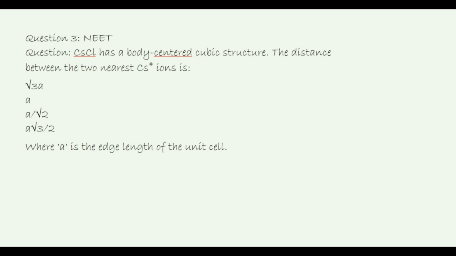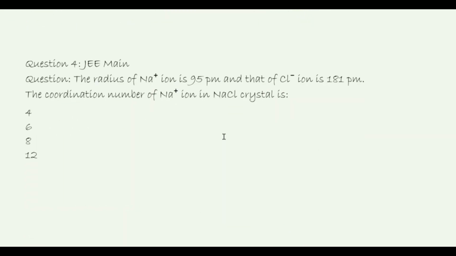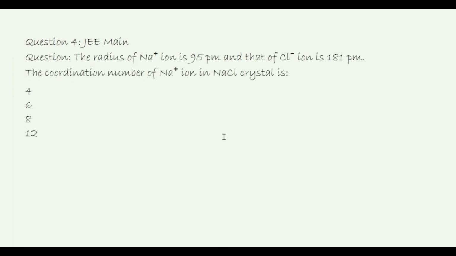Cs plus ions are at the corners, so the nearest two, correct? You just have to tell me the edge. In the question itself they have mentioned that a is the edge length of the unit cell. So the answer to this question is a. Just to understand the question, the answer is very easy.